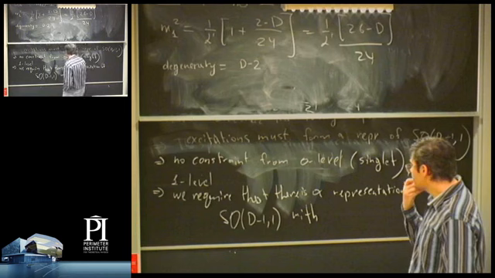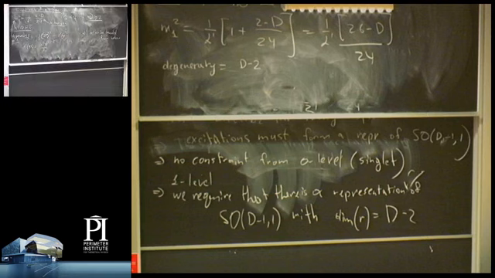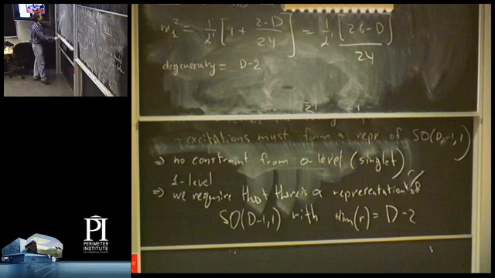Let me call this representation R. So there is some representation of this Lorentz algebra in such a way that the dimension of this representation must be equal to d minus 2. If that is the case, then the first level of the string will simply be in this representation of the Lorentz algebra. So let's talk a little bit about representation theory of the Lorentz algebra.